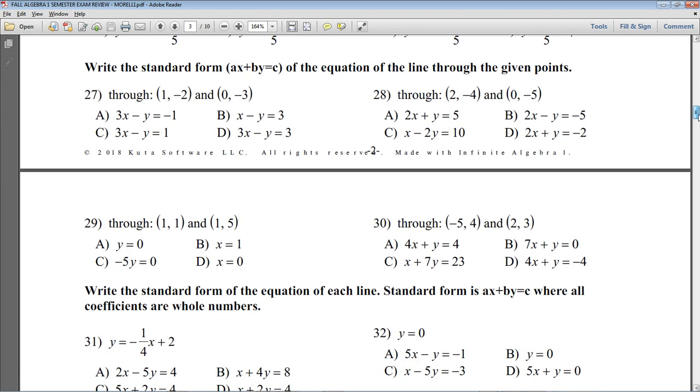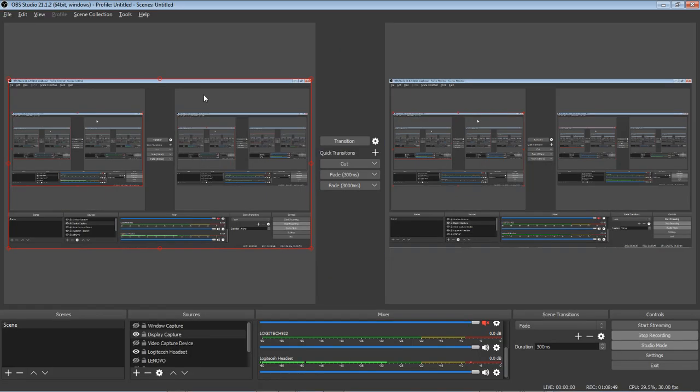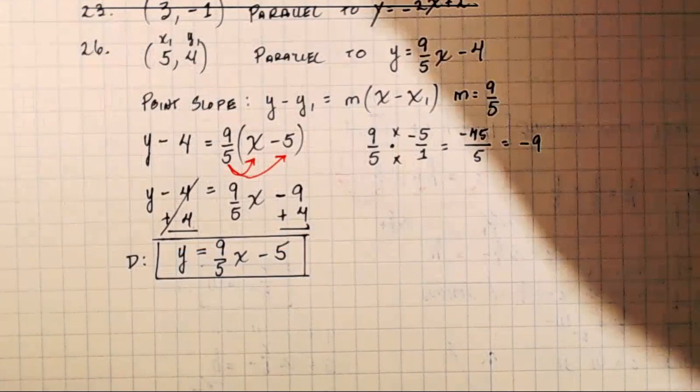So the next thing will be to find the standard form equation of the line passing through these given points. It's not that hard, and that's where we'll pick up in the next video. Okay, so here's what we did, and we'll end it there.